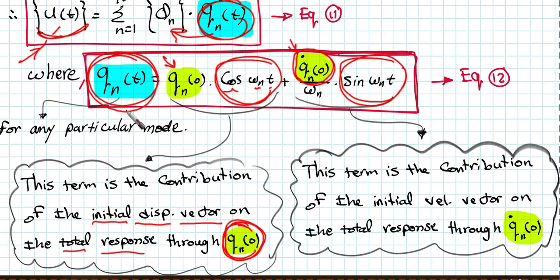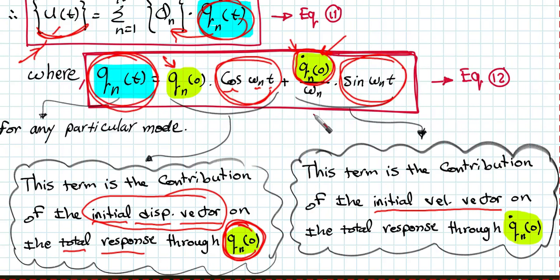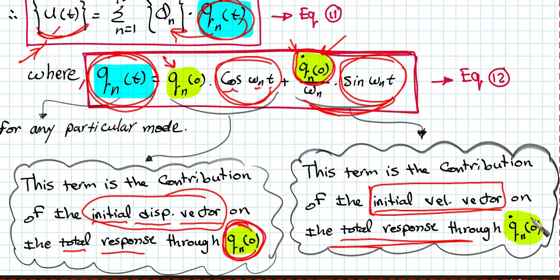Our total response is going to be affected by the initial displacement vector, and it is also going to be affected by the initial velocity vector from this Q dot n node. So the second term in equation 12 is the contribution of the initial velocity vector on the total response through Q dot n node.